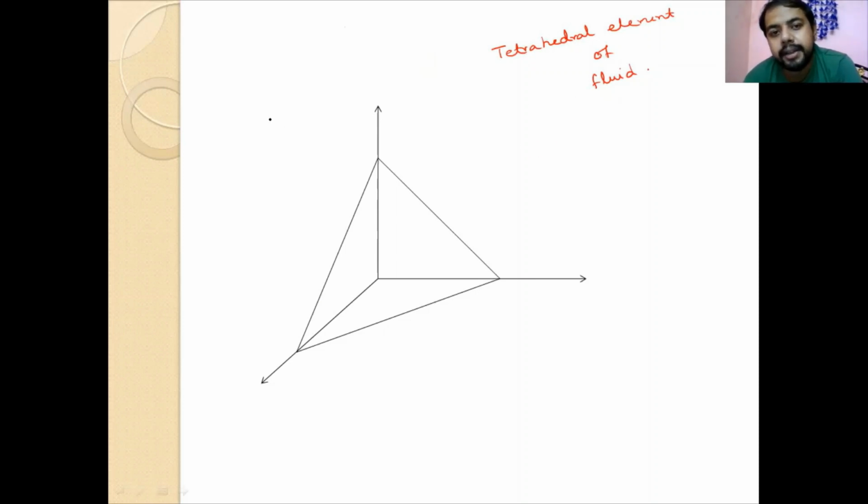We are considering that the fluid is under motion or at rest, it does not matter. We are considering the fluid to be under motion. Why do we choose the tetrahedral fluid element?